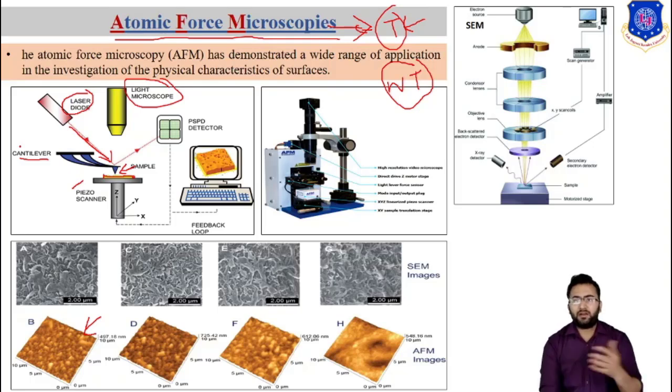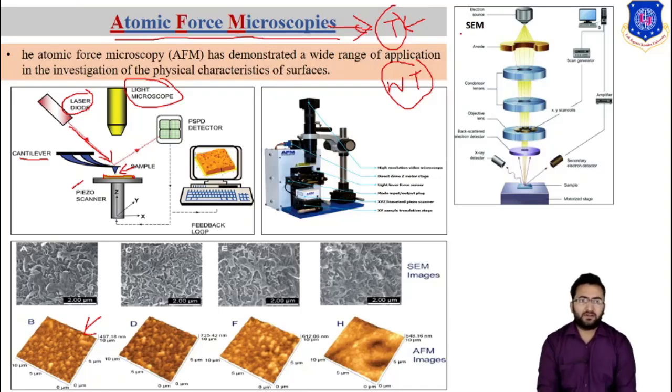Mostly AFM is used to demonstrate roughness or to scan the surface of our sample. But AFM is also used to generate images of various liquids, organic solvents, and solids, whereas SEM is restricted only to solid material. Atomic force microscopy is also used to understand the morphology and geometry of liquid surfaces.